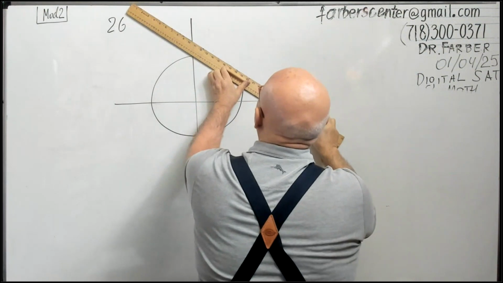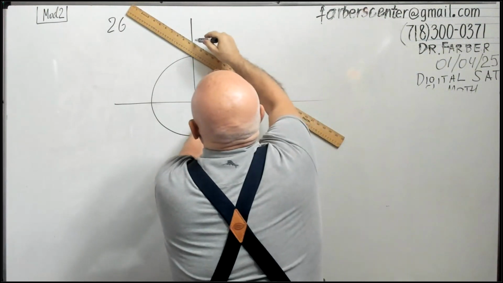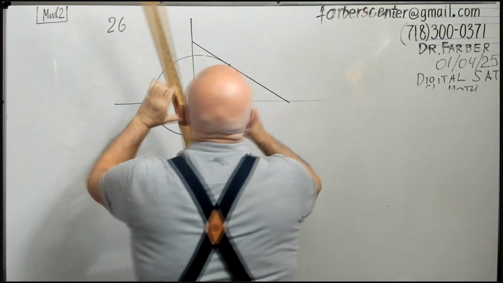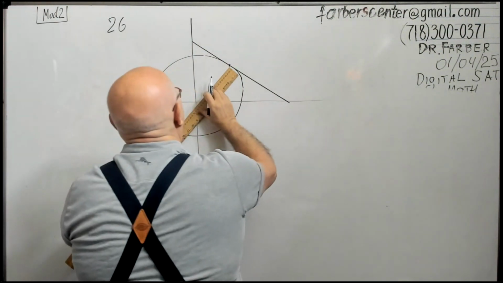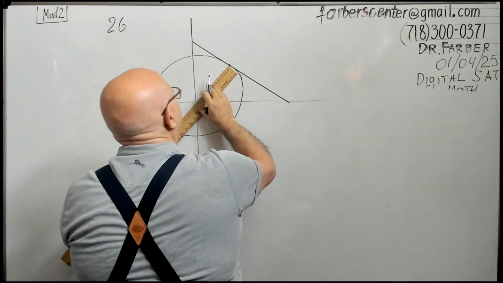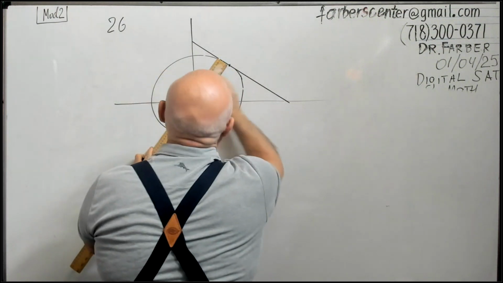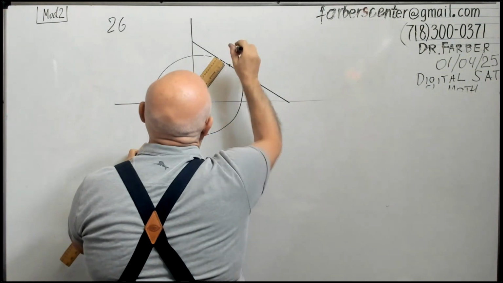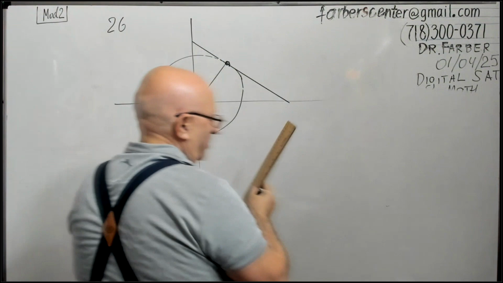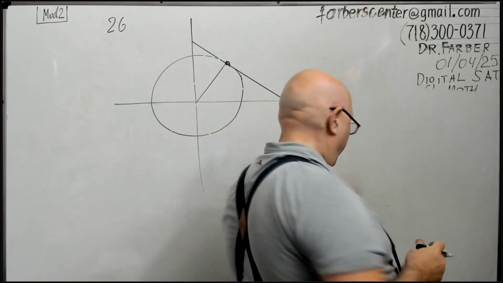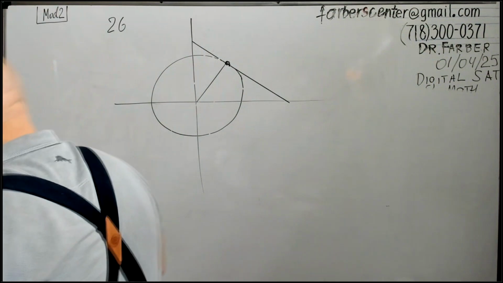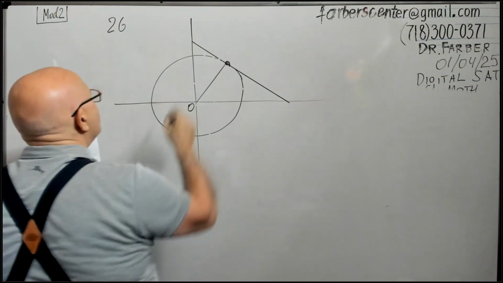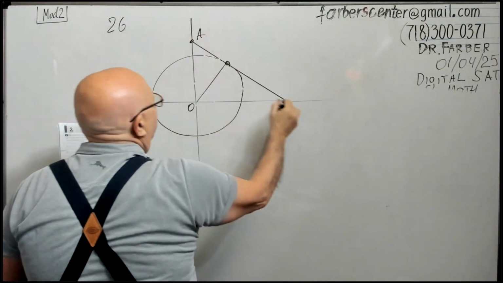Tangent to this. And I will make a perpendicular from here, preliminary, to this point of tangency. Letters O, let's say A, B, whatever we have, right?